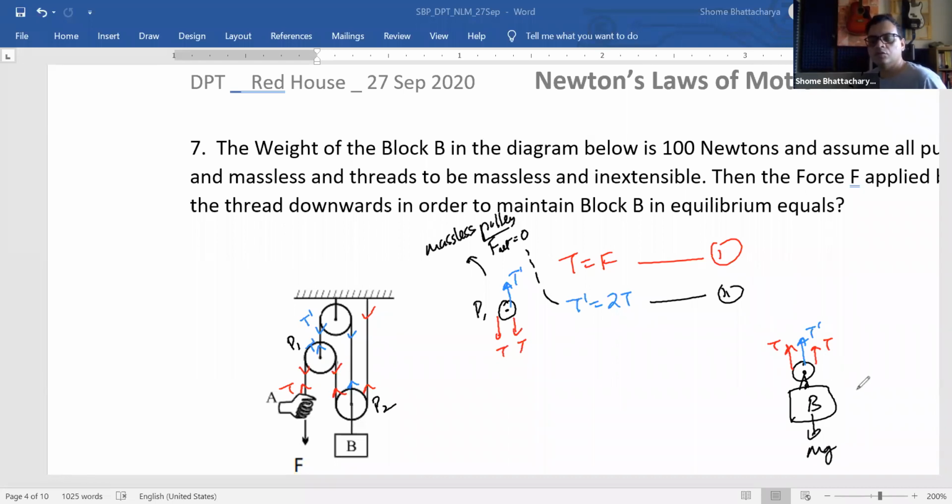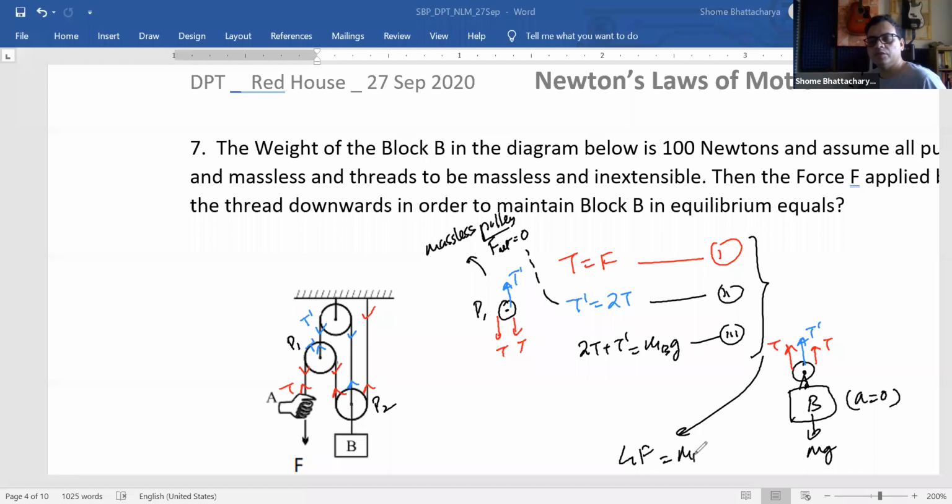If you want the acceleration to be zero, if you want this to be at rest, then 2T plus T prime must balance the weight of the block. Solving this system, we get that 4F, because this is F plus 2F plus F, should be equal to the weight of the block. This will be the solution to this part.